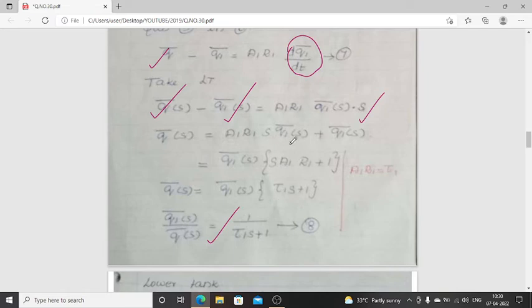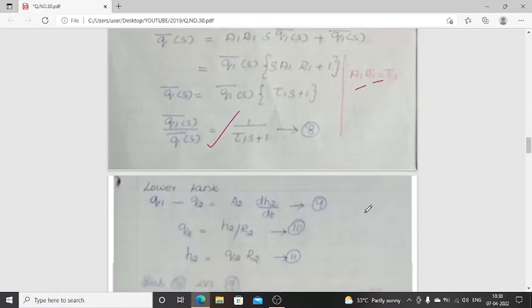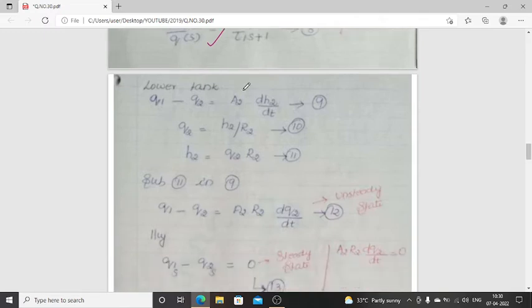For this expression, A1 R1 is equal to tau 1. A1 is the area of tank 1 and R1 is the resistance of tank 1. A1 R1 is tau 1, the time constant. Similarly for the lower tank, tank 2, the inlet is Q1 and the outlet is Q2.